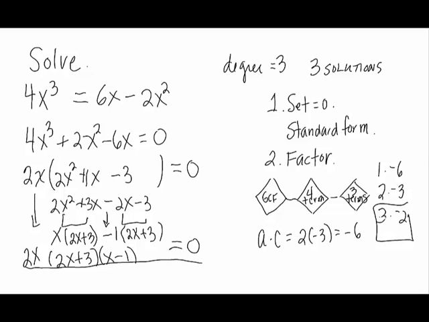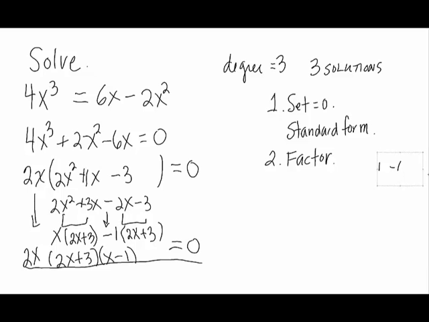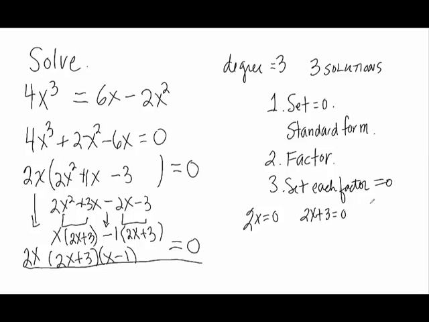So now that I have my equation in factored form, the third thing I do is I set each factor equal to 0. So in this case, it's going to be 2x equals 0, 2x plus 3 equals 0, and x minus 1 equals 0.